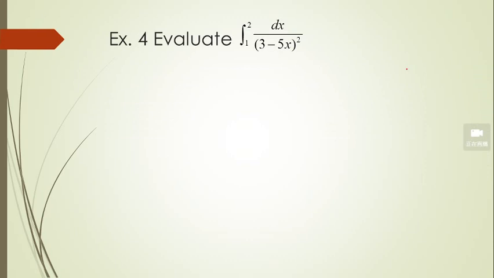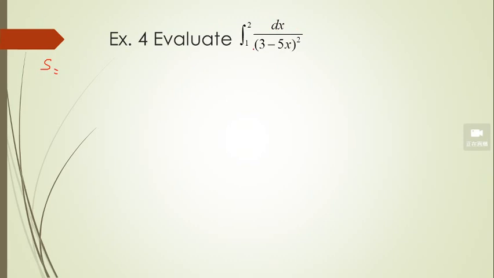Then example 4. Here is dx over 3 minus 5x squared.